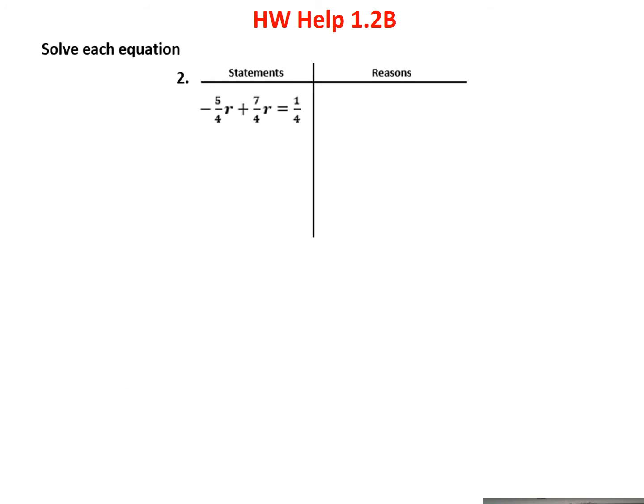The second problem is actually easier than the first in this respect, because if you notice here, all the fractions have the same denominator. So the common denominator is simply 4. So we're going to multiply everything by 4, and we can do that because of the multiplication property of equality.